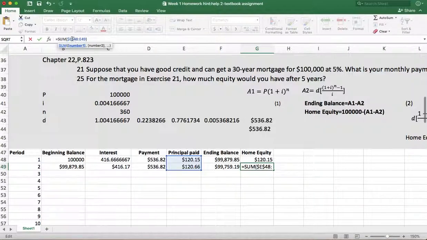So the first period needs to be made constant.